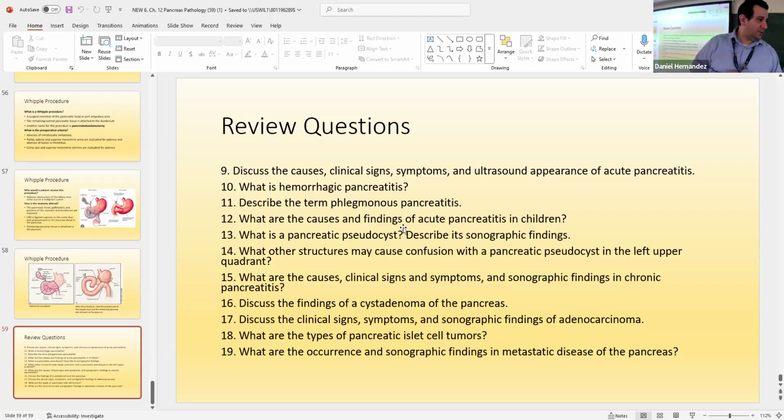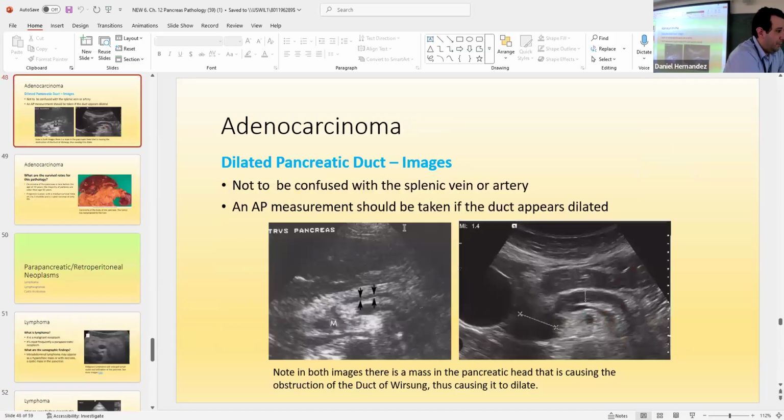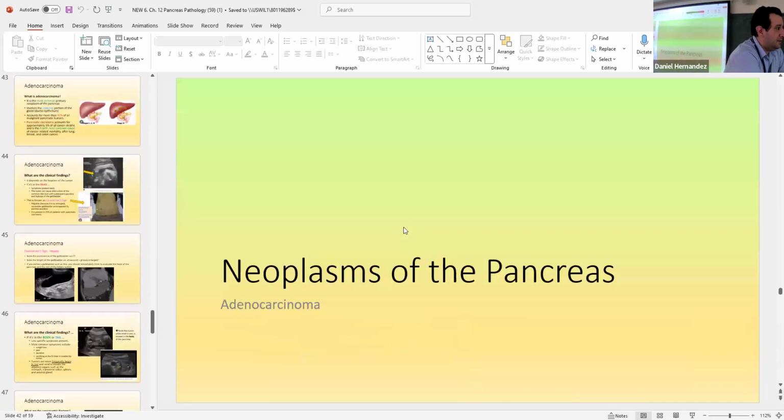What are the occurrence and sonographic findings of metastatic disease? Occurrence is very rare for metastatic disease in the pancreas, so it's more likely going to be an adenocarcinoma, a primary tumor. With metastatic disease, we might look for surrounding pancreatic fluid collections.